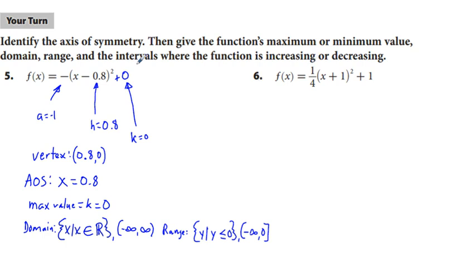And increasing and decreasing. So increasing on the interval from -infinity to h, and h is 0.8, and decreasing once we get to the maximum at h, x equals 0.8, to positive infinity.